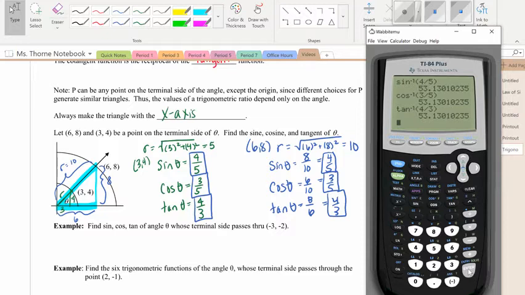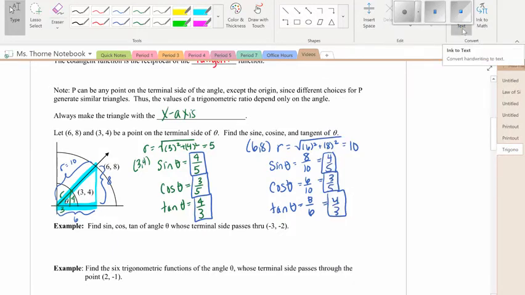So notice that with the same angle, even though our value was different, we still are getting the same trig ratios for sine, cosine, and tangent. So the angle theta is 53.13 degrees. We didn't have to find that, I'm just letting you know.